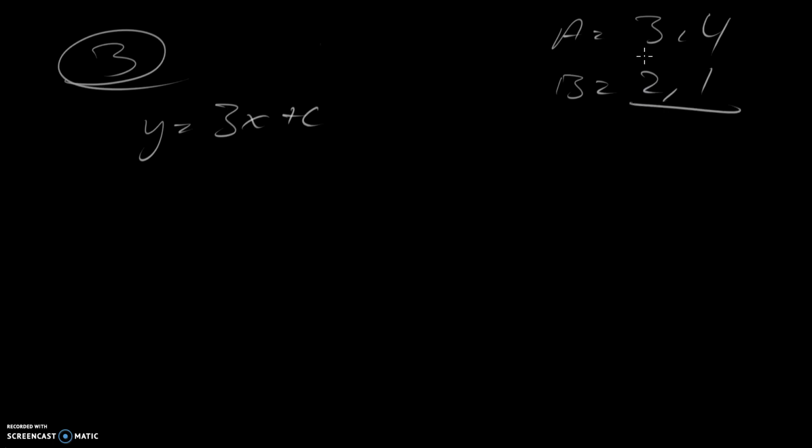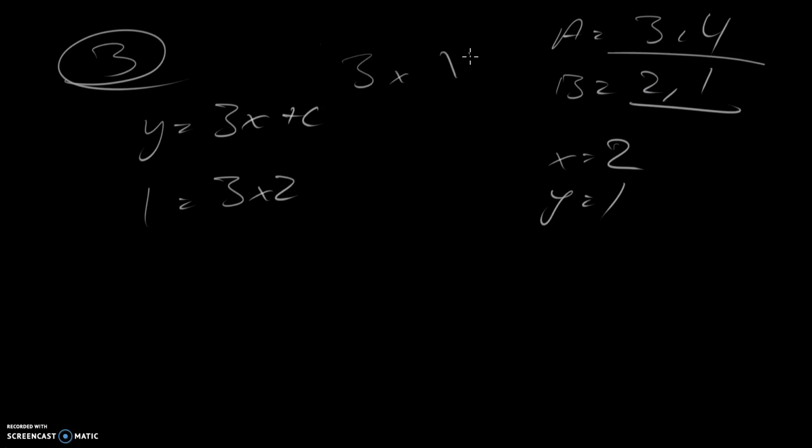We could either use 2 and 1 or 3 and 4. So let's go with 2 and 1. Low values, just make life easier. So x is 2 and y is 1. Substitute these values into our equation. Y equal to 1, and 3 multiplied by 2, because 3x means 3 times x.